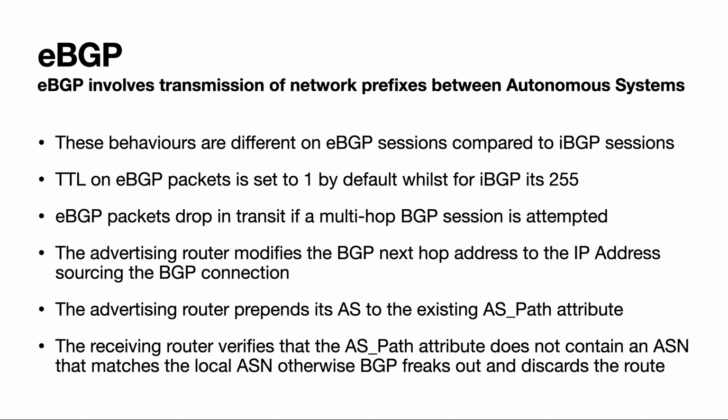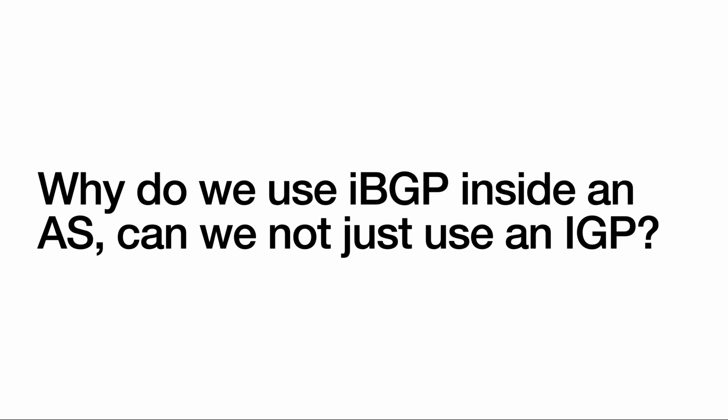The receiving router needs to verify that the AS path doesn't contain an ASN that matches the local ASN, otherwise BGP is going to freak out and discard that prefix.